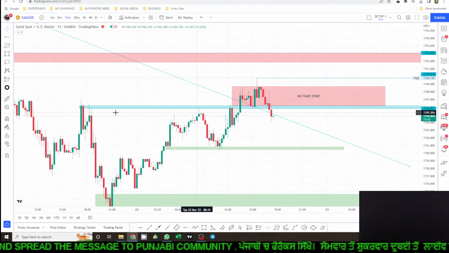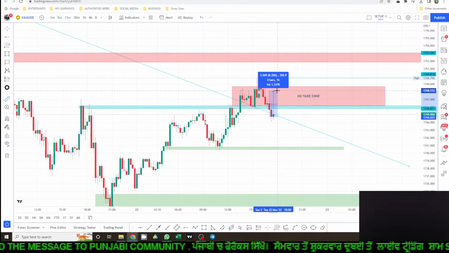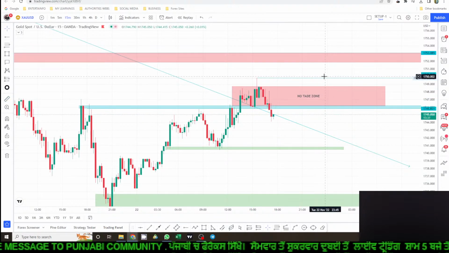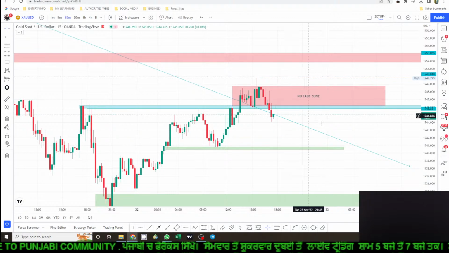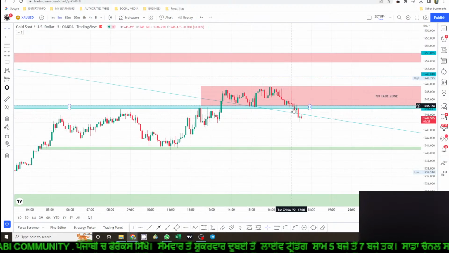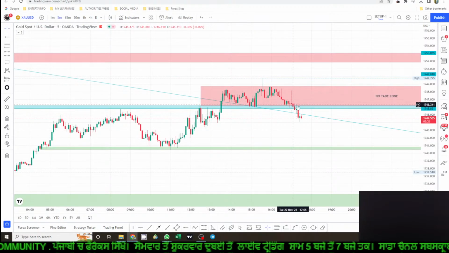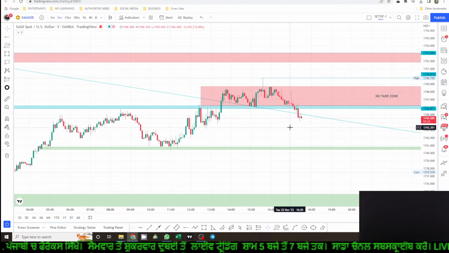Okay, so if we switch to the previous candle and we enter from here, the stop loss is supposed to be 40 pips, including commission and spread. So that's not good, so let it go. In 5 minutes it was a retest, but the stop loss was not good. So we missed this opportunity.